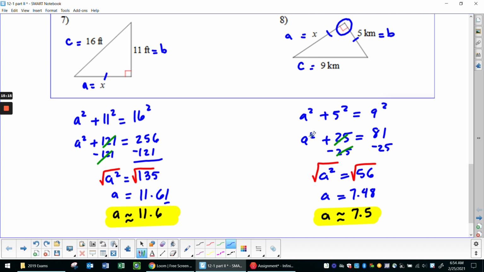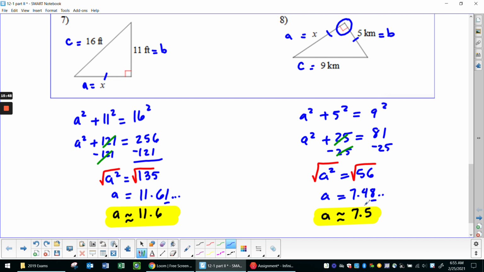On number 8, I used the same variable A for the missing side, and when we solve that, we get A squared is equal to 56 at the end. So square root both sides, and again, it does not give you a nice round number. It's 7.48, and there are other numbers afterwards. And to round that one, because 8 is 5 or more, we have to up the score.